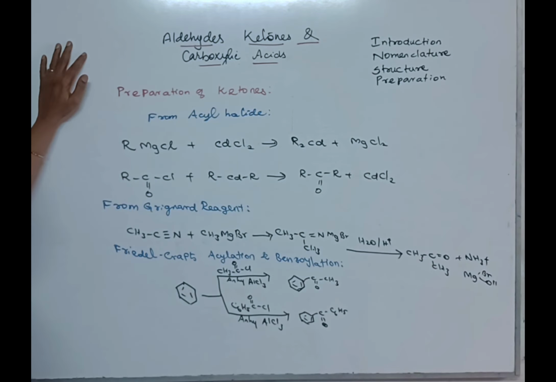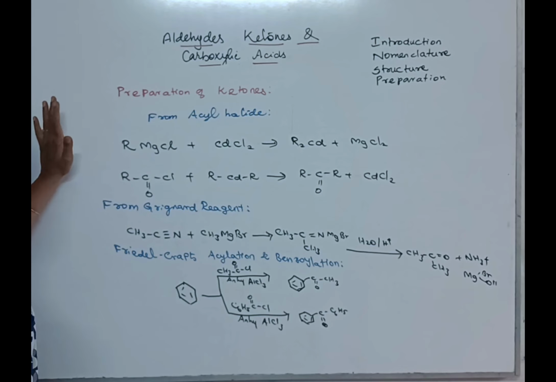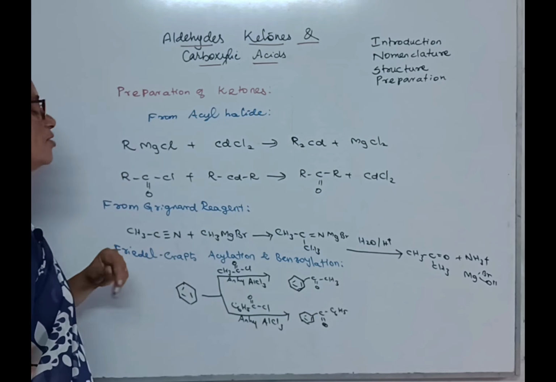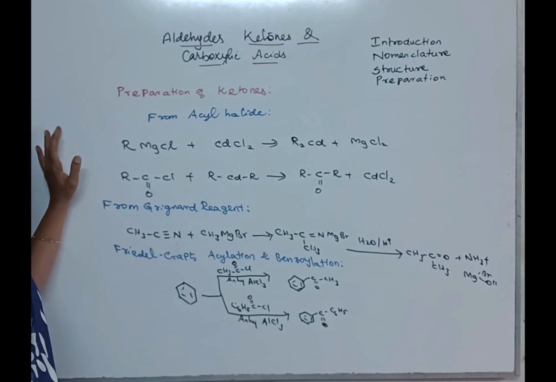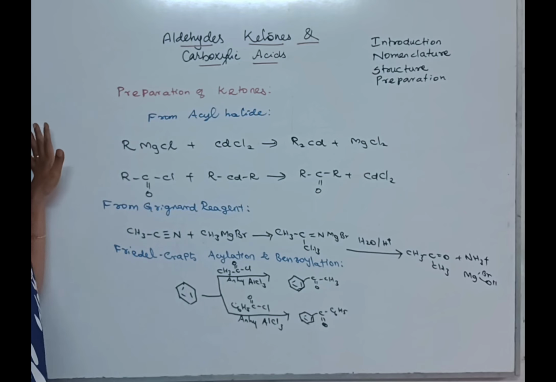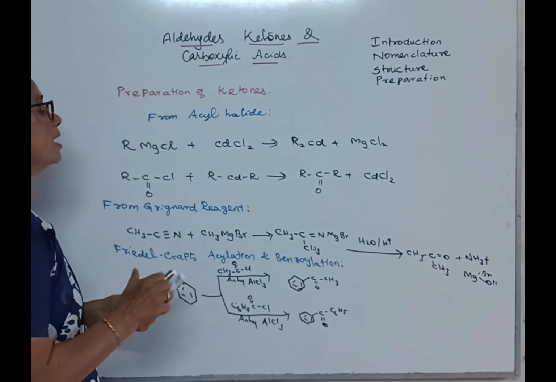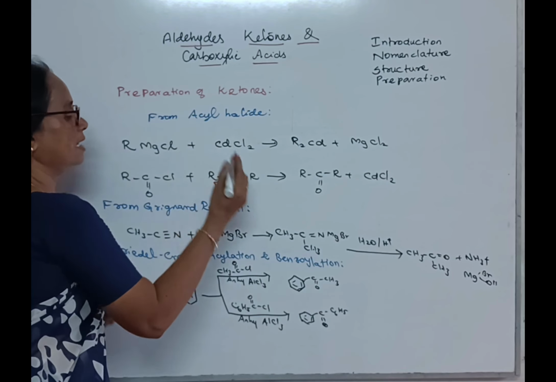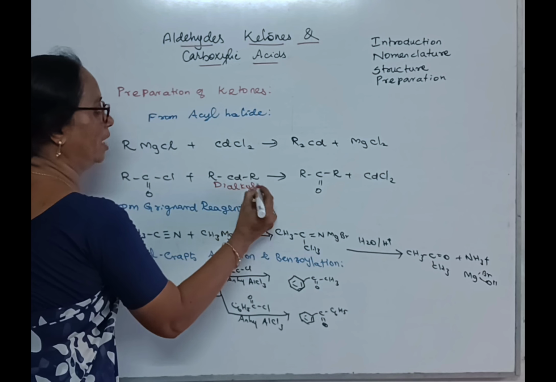Preparation of ketones. Ketones can be prepared from acyl halide, or from Grignard reagent, or by the Friedel-Crafts method. Acyl halide, first of all, has to be treated with dialkyl cadmium. This dialkyl cadmium is actually prepared from Grignard reagent and cadmium chloride.